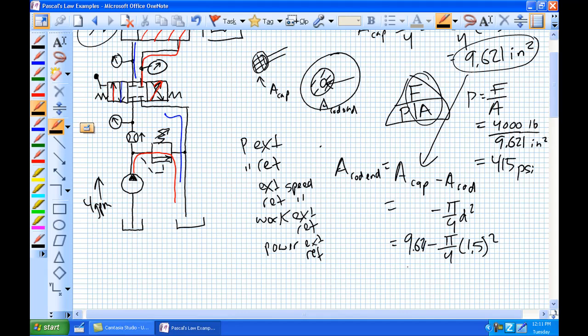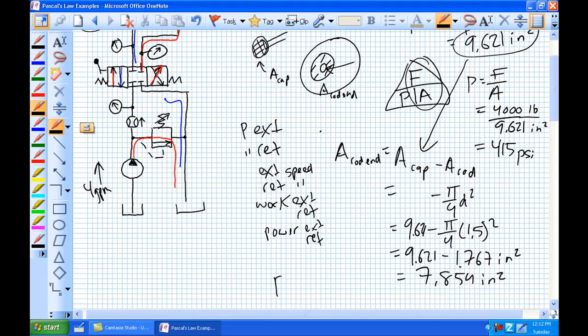We already had 9.621, so 9.621 minus 1.77 inches squared is going to give us an area of 7.854 inches squared. What is the pressure required to move 4,000 pounds with an area of 7.854 inches squared?